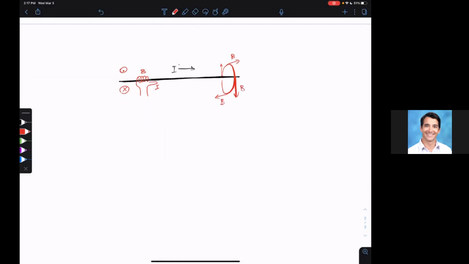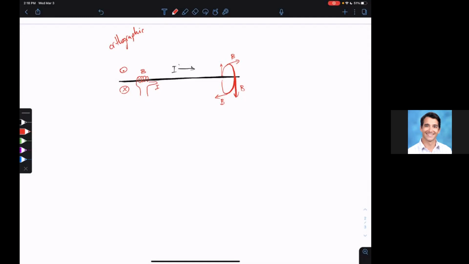Most of the time, it's going to be really helpful to do a side view. This first one is what we call orthographic, straight from the side, because all that geometry gets reduced into 2 dimensions. But you do need to realize that there is a round circular magnetic field around this.